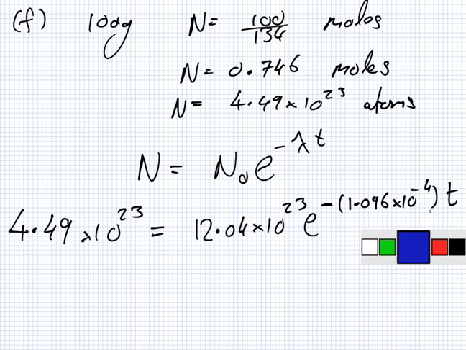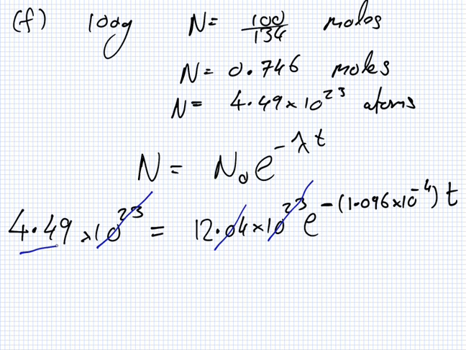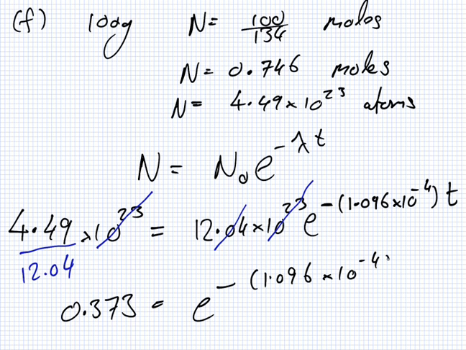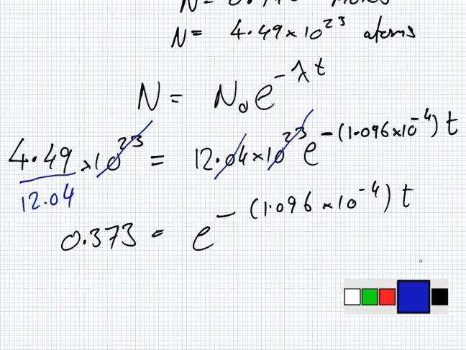So I can cancel. That's gone, and that's gone. And I can bring this down here. So can you tell me what this is on the left? It equals e to the minus 1.096 times 10 to the minus 4 t. What do I do next? You know the story.